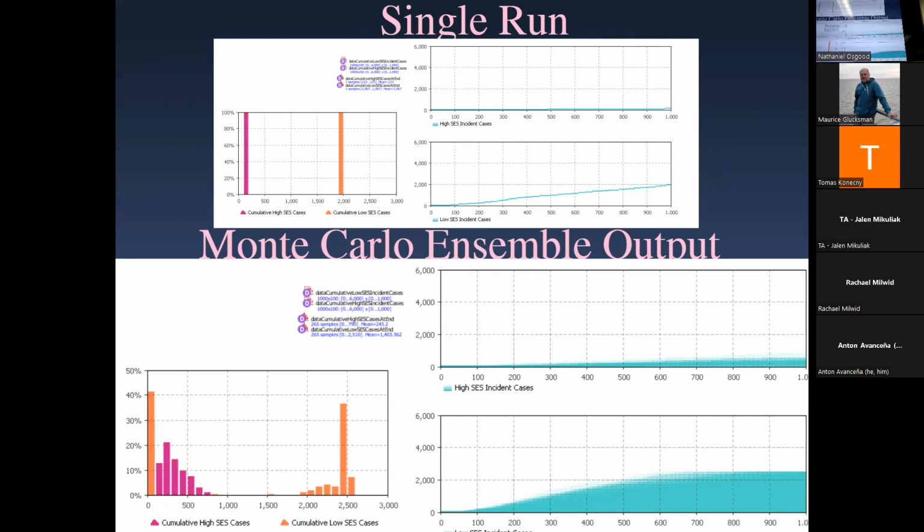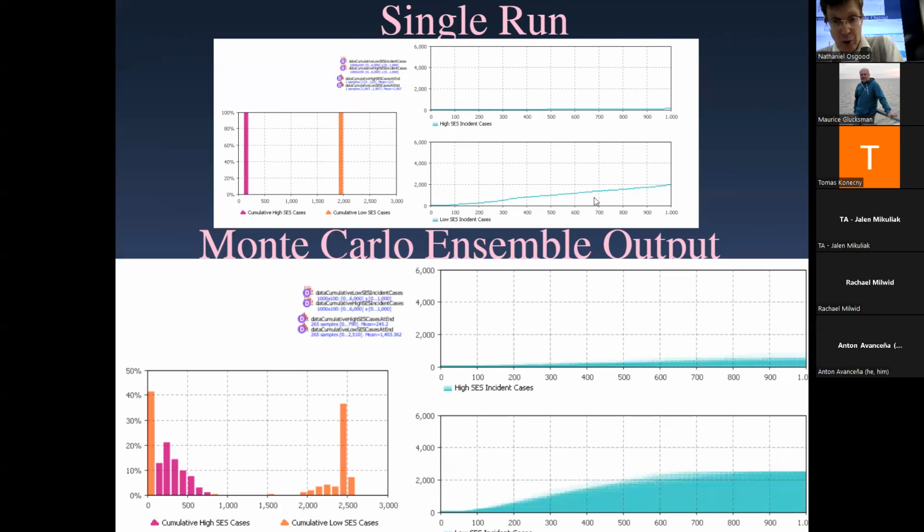Maybe we'll have over time a certain number of infections which occur within low socioeconomic groups, and a different number that have occurred over the course of the model cumulatively in high SES. So a given run would give rise to a certain number that had been infected by the end of the simulation for low SES and a certain number for high SES, perhaps.